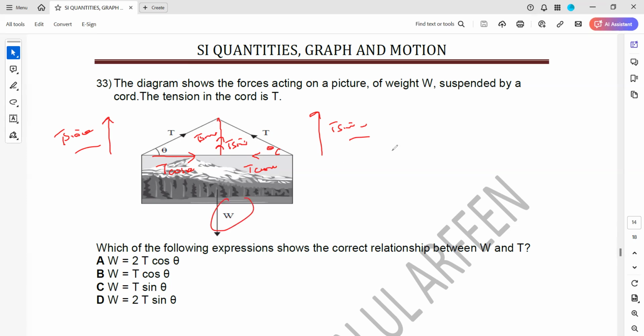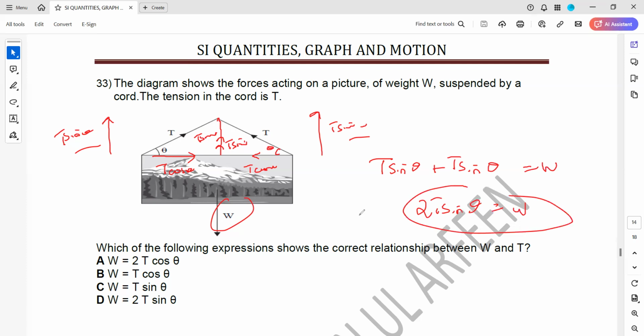Because it is stationary, T sine theta plus T sine theta is equal to W. Or I can say 2T sine theta is equal to W. It matches with option D. So each cord has a vertical component. D is the right answer for this.